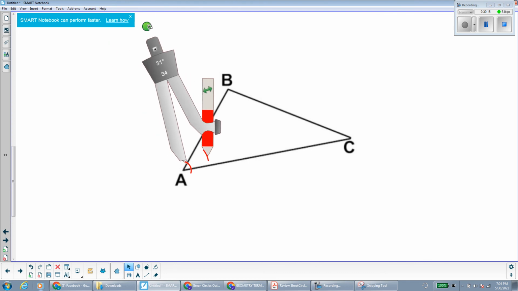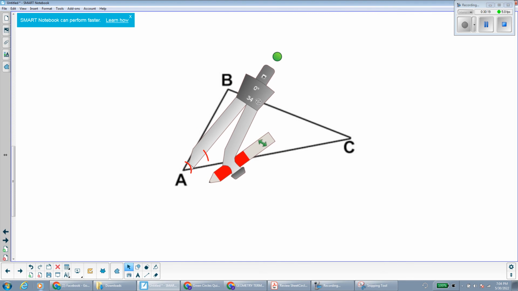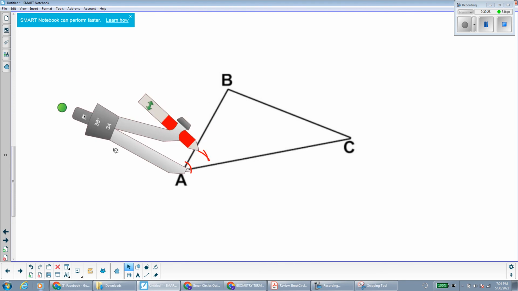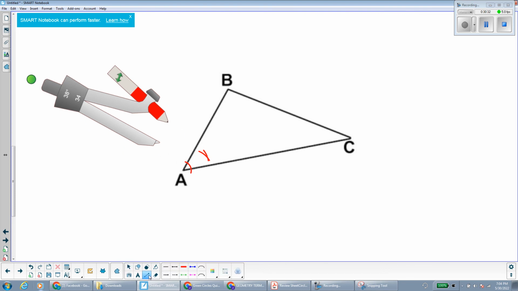What matters is that now you keep using the same distance that you opened your arc to. I'm also trying not to make my arcs so crazy big because if I do, it's going to be insane. So there's the intersection. Make it a little bit long so we make sure to see the intersection with the other angle bisectors.